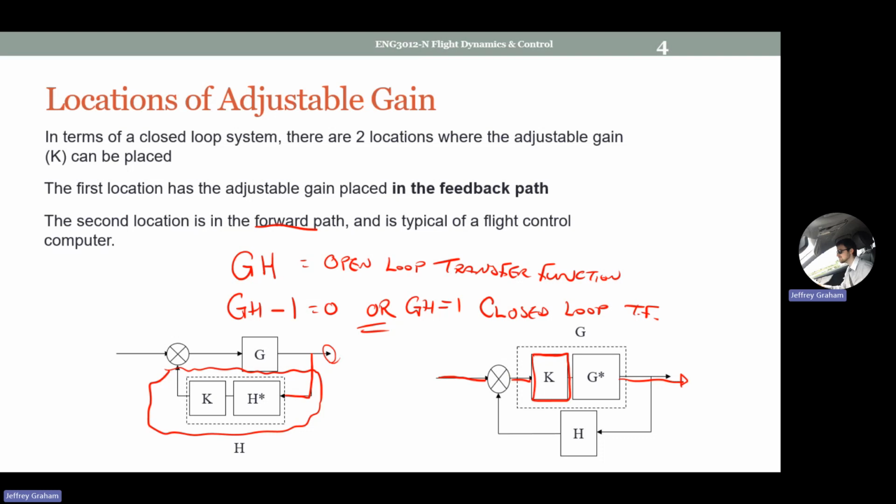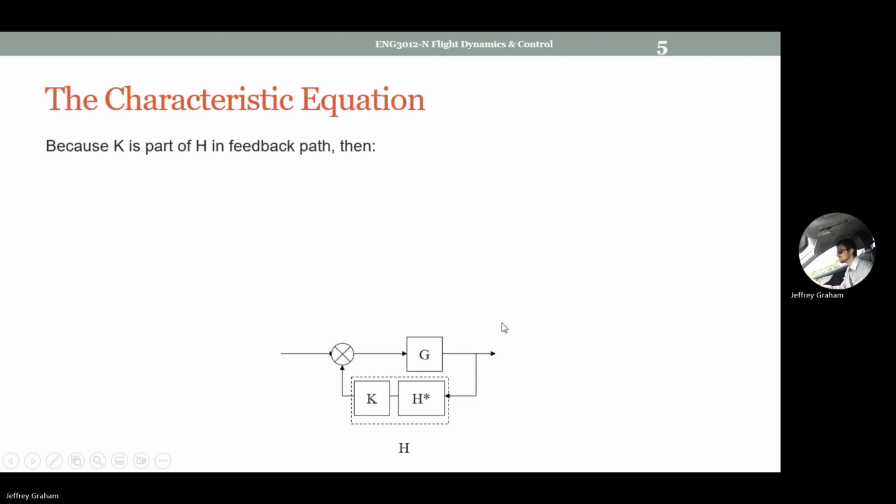Looking for the GH. Yeah, that should be +1. Sorry, equals -1. Thought there was an error there. Right. So open loop GH equals the open loop transfer function. We'll analyze what that is very shortly. 1 + GH equals 0, or GH equals -1, is the representation in simplistic form for the closed loop analysis. Right.